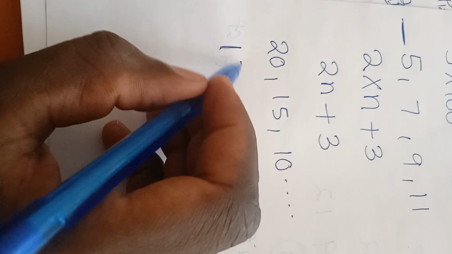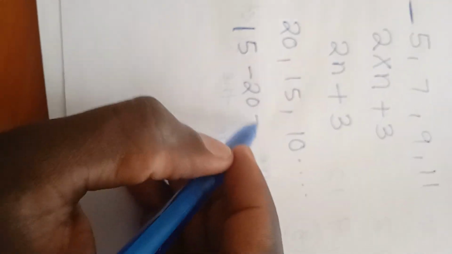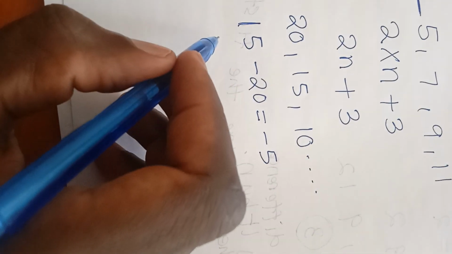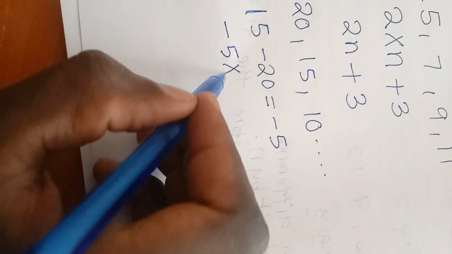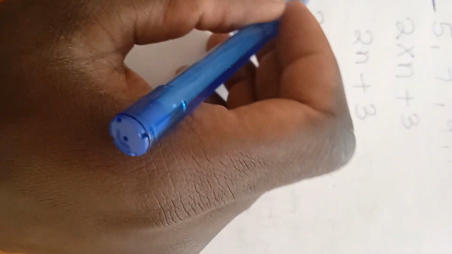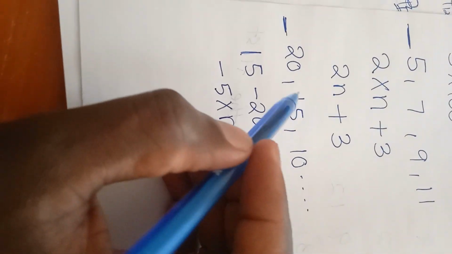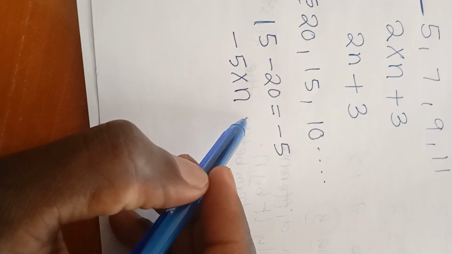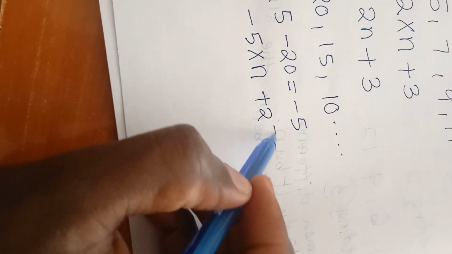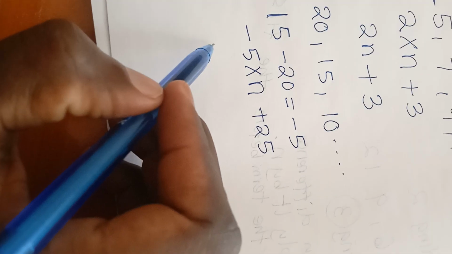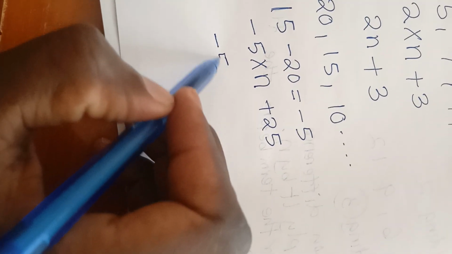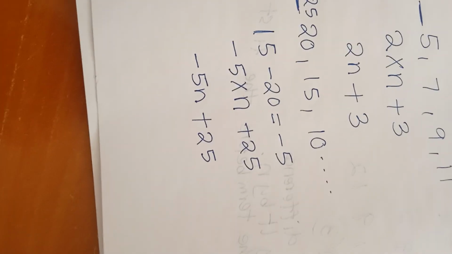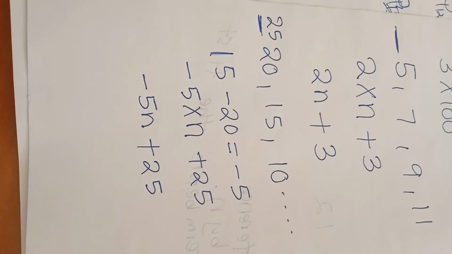So that will be 15 minus 20, which gives you -5. After that you do -5 multiplied by n, and then you look for the number just before the first term. In this case it will be 25. So your nth term here will be -5n plus 25. So that is all about finding the nth term of a sequence.